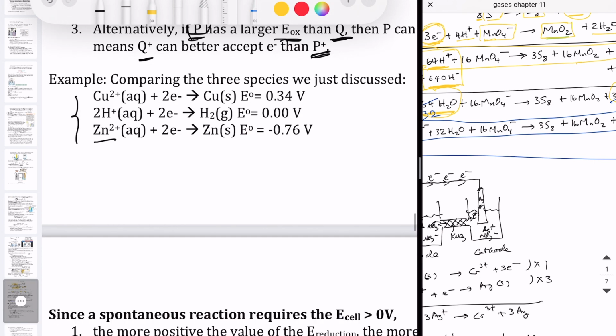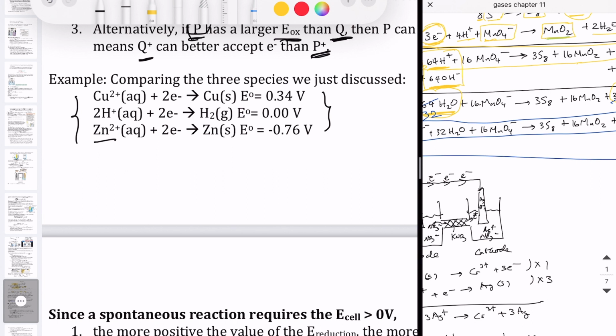So how do we determine who's a stronger oxidizing agent and who's a stronger reducing agent? Remember, in the end we want a positive cell potential, so the more positive this number is, the more likely that process is to happen.